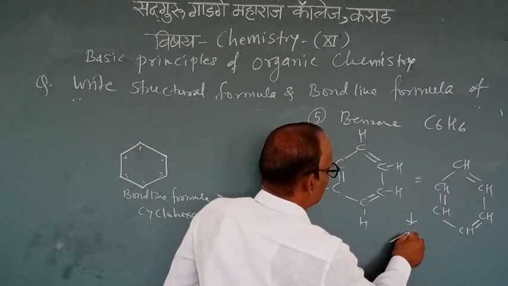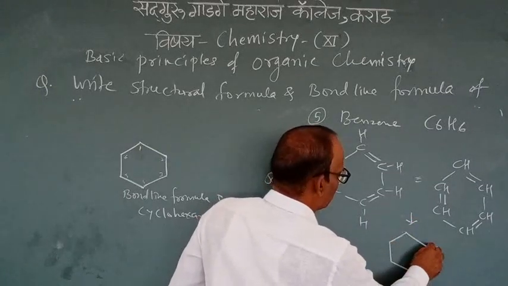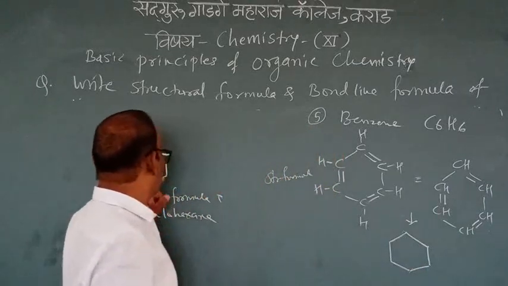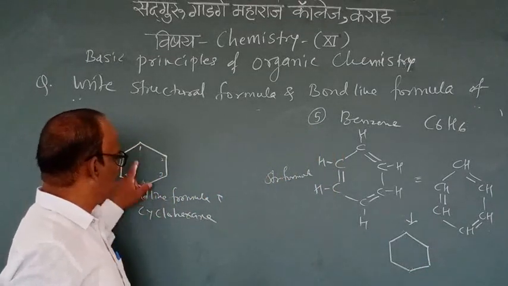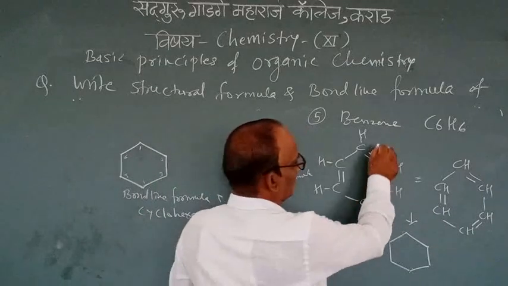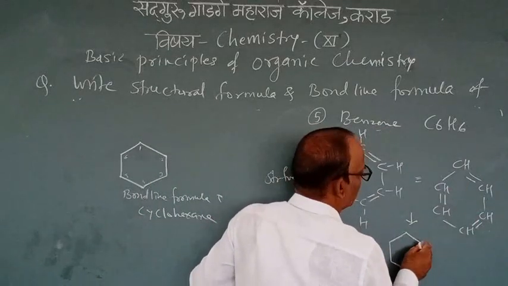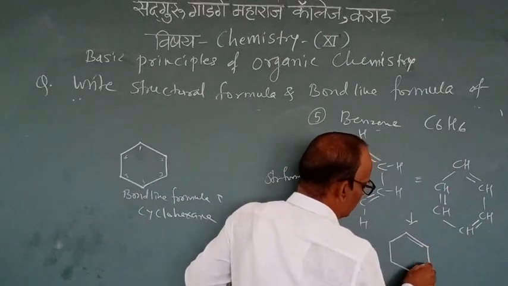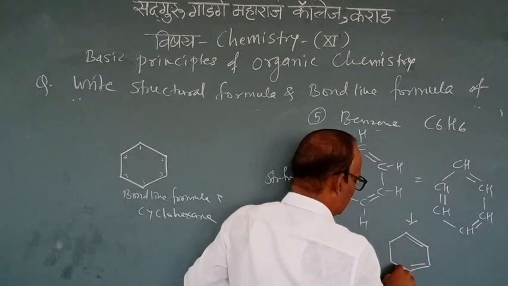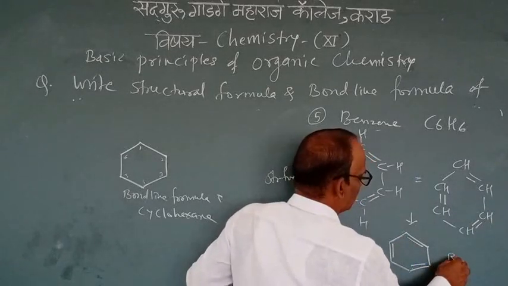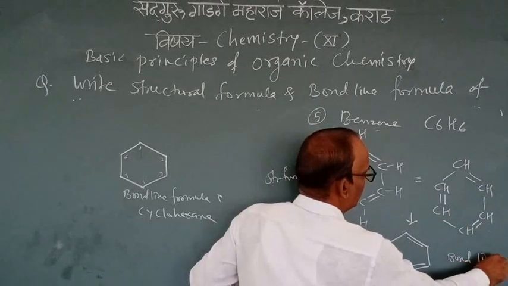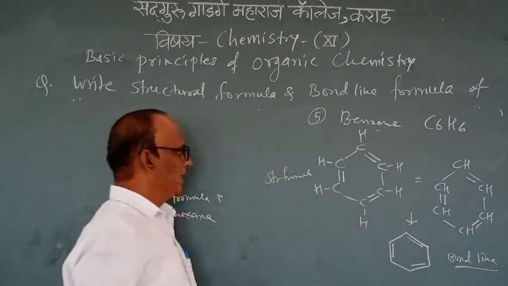So the bond line structure is again a hexagonal ring. But the hexagonal ring of cyclohexane has only single bonds, whereas in case of benzene, there are alternate double bonds. So here double bond, then single, here double bond, single bond and double bond. So this is the bond line formula for benzene.